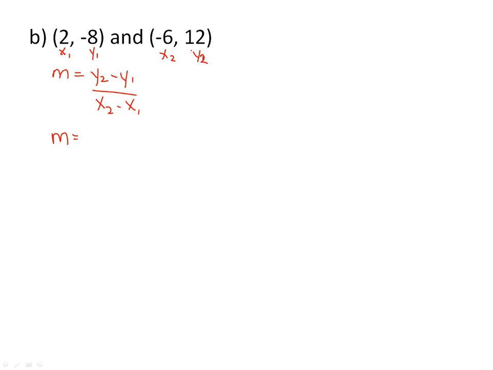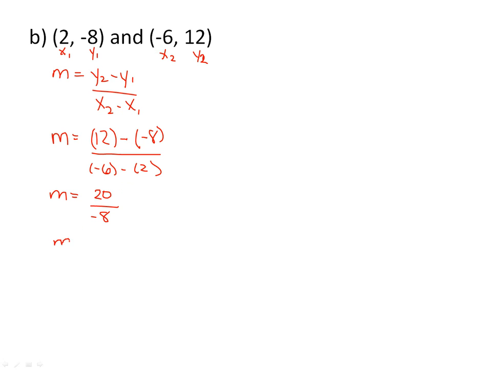So now I fill in my equation. I have 12 minus y1, which is negative 8, over x2, which is negative 6, minus x1, which is 2. And I find that this is going to be 20 over negative 8.